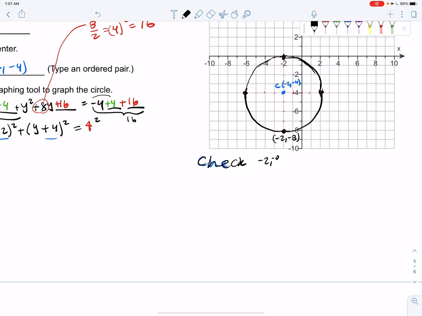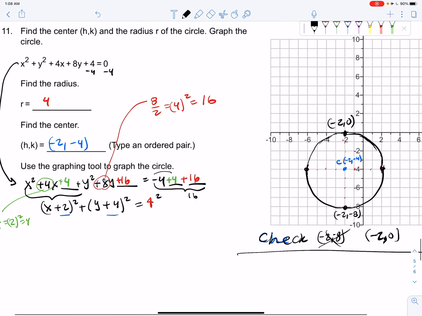Anybody else see a better and easier point to check? Maybe, how about, yeah, that looks easier. Doesn't that look easier? Sorry, that's negative 2. That's negative 2, comma 0. That looks easier. Let's scratch that one, since we could pick any one of those 4 nice integer points.